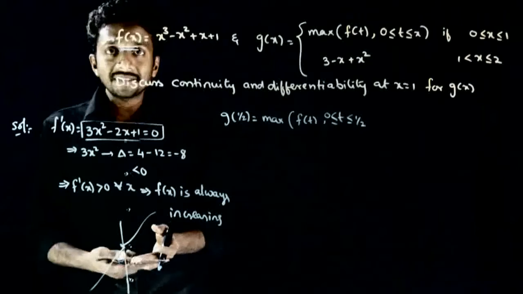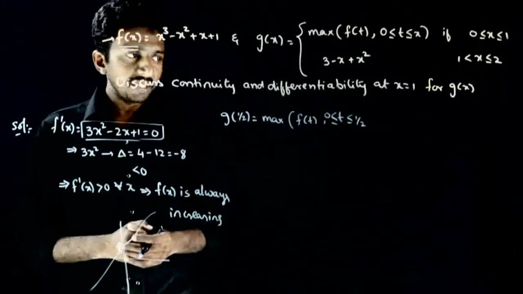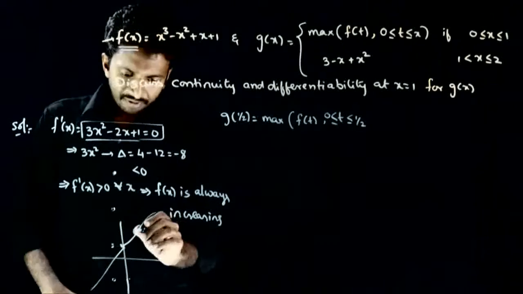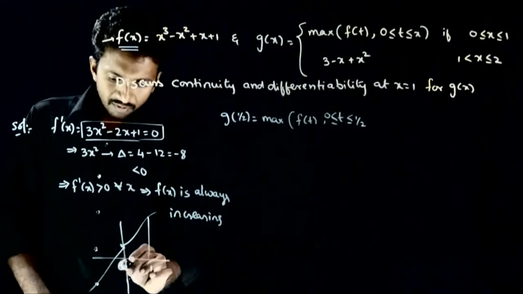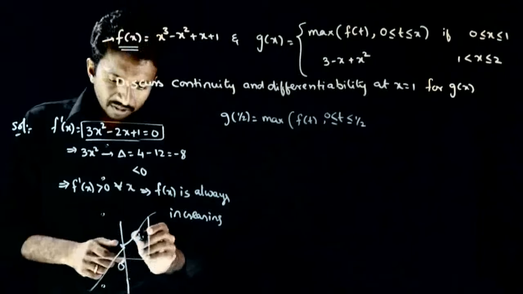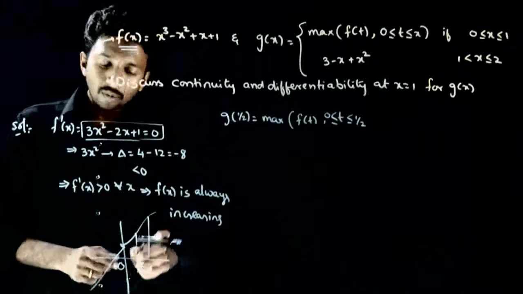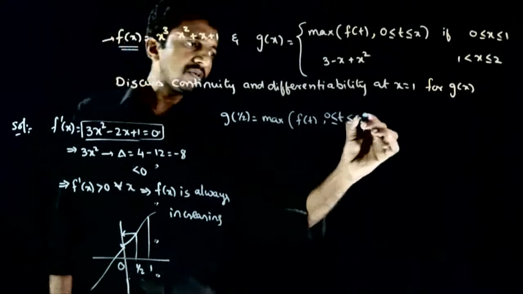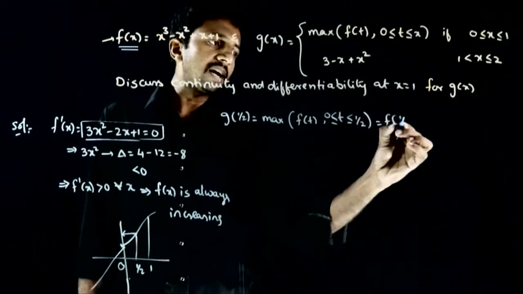So हमने अभी एनालिसिस किया, f of x is always increasing. So 0 and half में f of t का मैक्सिमम वैल्यू क्या आएगा? f of half ही आएगा. So 0 and 1 के बीच में the function is always increasing. So 0 to half के बीच में what is the maximum value of f of t? It is nothing but f of half. So this will be equal to f of half.